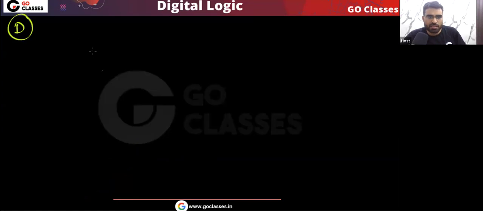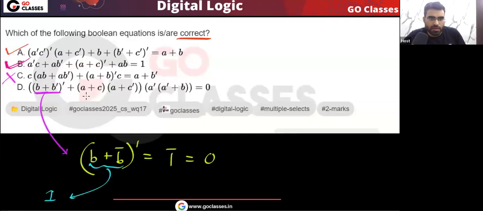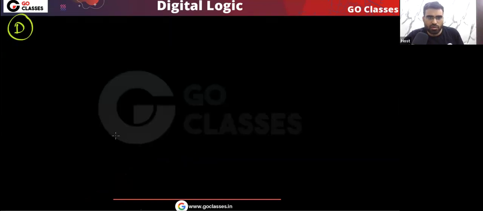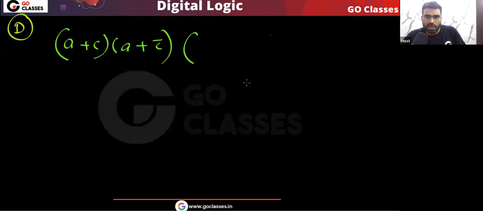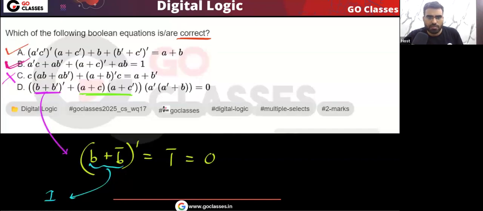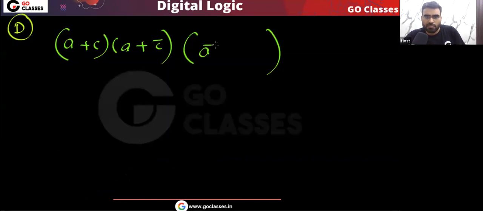So in option D, you have 0 or something, right? Ultimately, you basically have just A or C, A or C bar, and A bar or B. Let's see what this will be equal to.